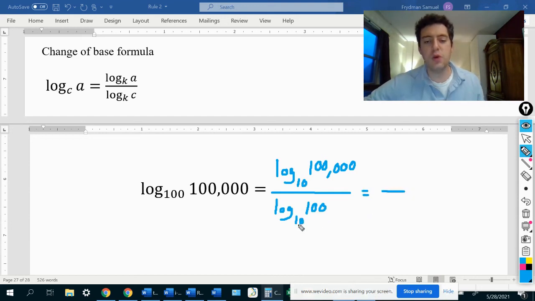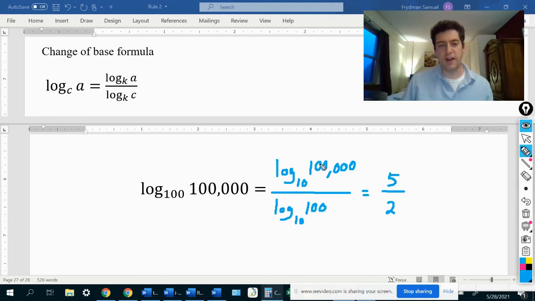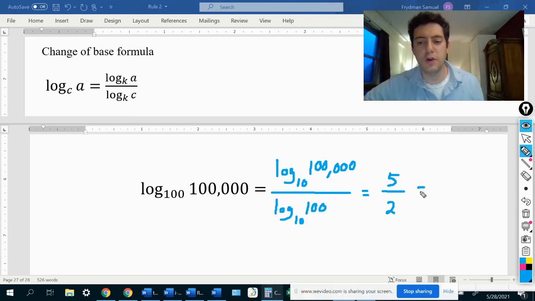Let's see, 10 to what power is 100? That would be 2. 10 to the second power is 100. 10 to the 5th power is 100,000. Okay, so the answer here would be 5/2, or if you want to write it as a decimal, 5 divided by 2 is 2.5.